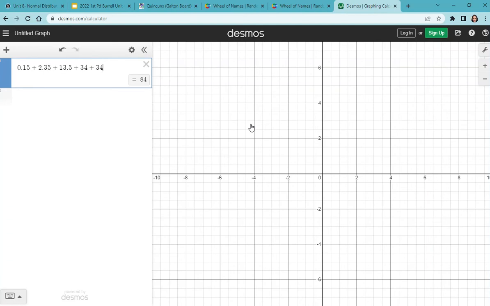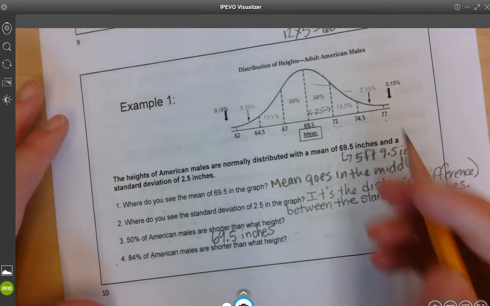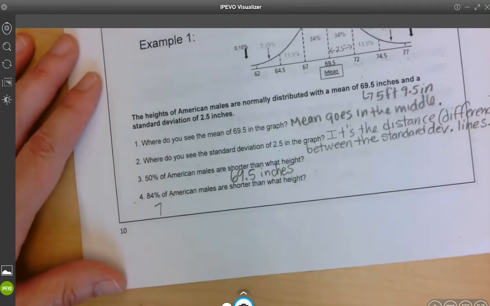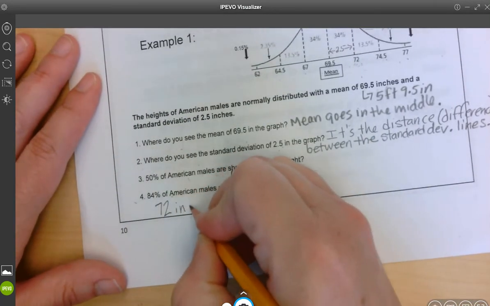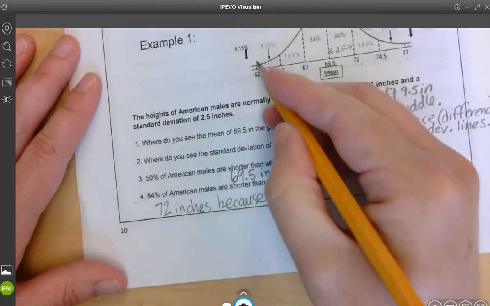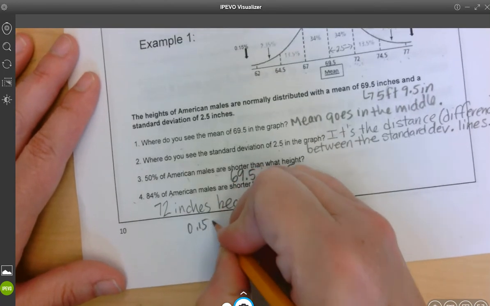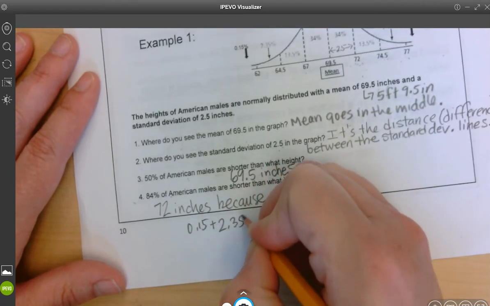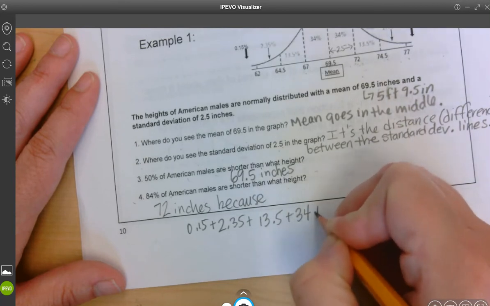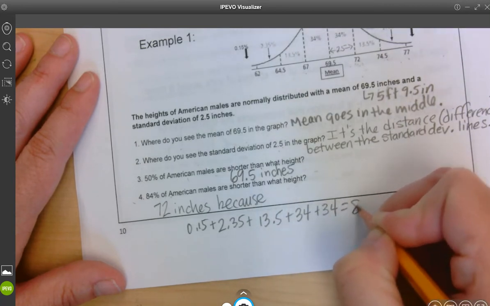You see that? So I added all of the values to the left of the 72, and that did make 84%. All right, so it's 72 inches. Because 0.15 plus 2.35 plus 13.5 plus 34 plus 34 made 84%.